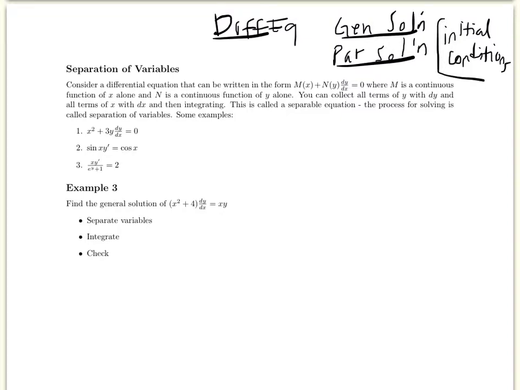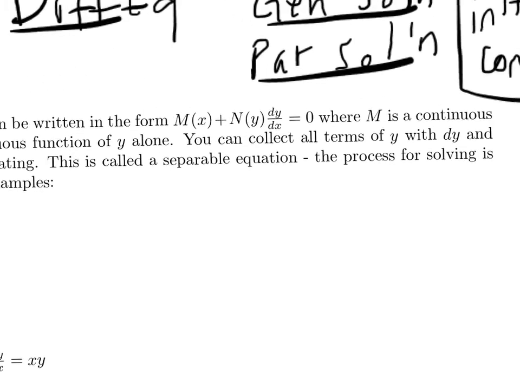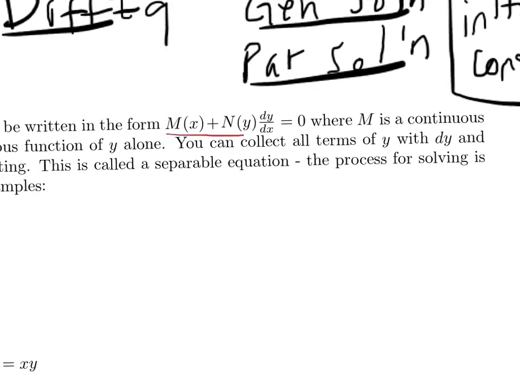Now we're going to introduce this method for solving differential equations called separation of variables. Okay, this is key. When we consider using separation of variables, what has to be true is this. And this looks complicated, but it's really not. All this says is that we can group the x's all together.